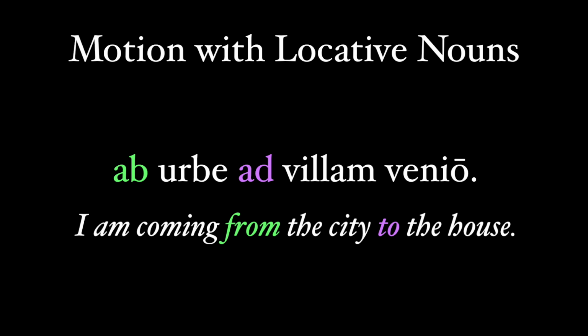Notice the prepositions ab and ad showing motion from and towards, respectively. I used to say to my students, look at where the hump of the letter is pointing. For the ab, the B points away from the A, and for the ad, the D points towards the A. Helps you to remember these. So ab takes the ablative case, while ad takes the accusative case.